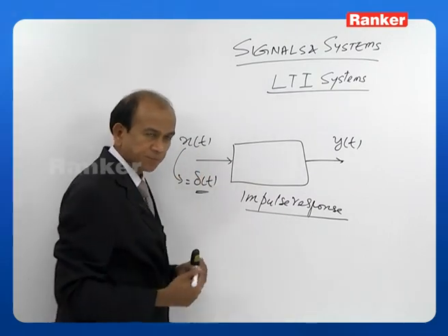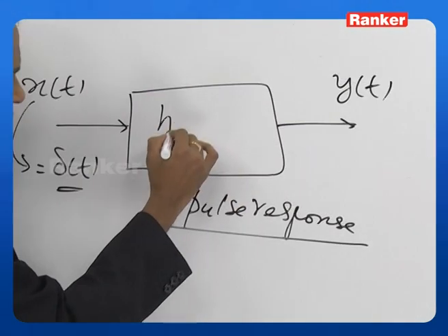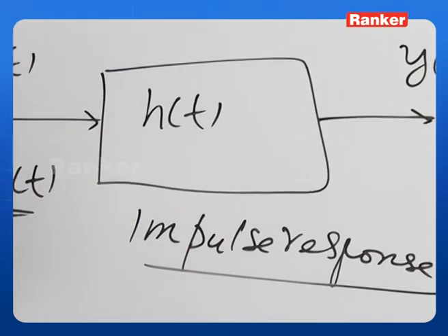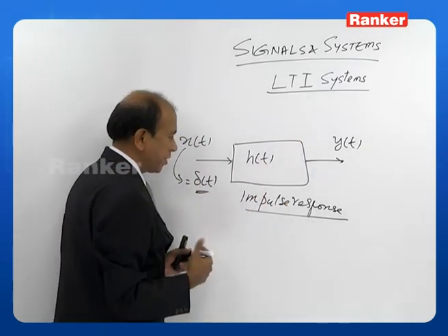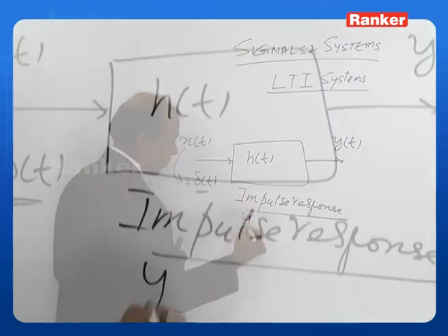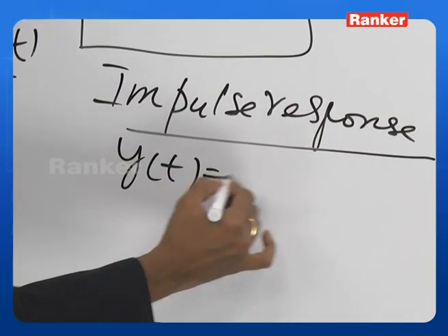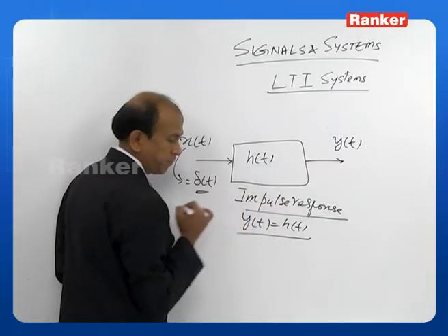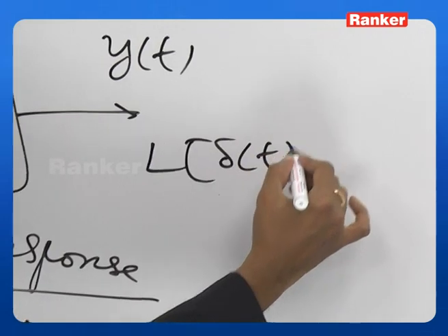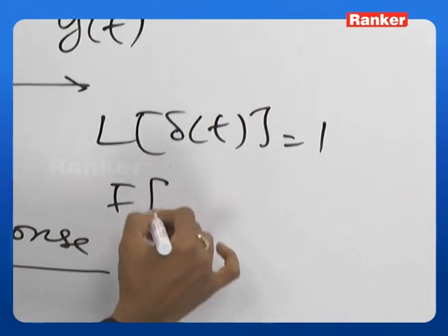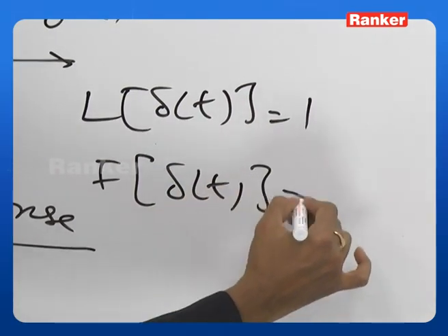In other words, if the transfer function of this is h of t and the input x of t is delta of t and y of t is the output of the system, then for an impulse input y of t will be nothing but h of t, because the Laplace transform of delta of t is equal to 1 and the Fourier transform of delta of t is equal to 1.